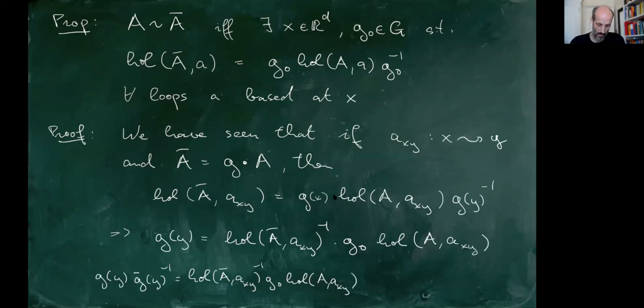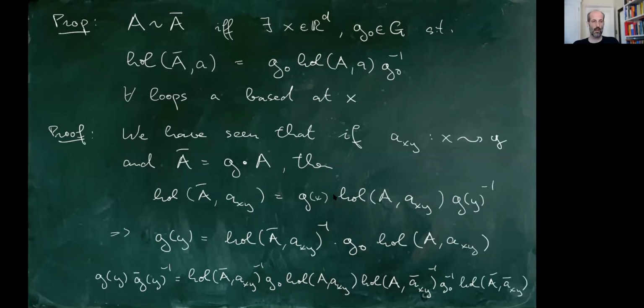But then what do I get? So then I have the G bar inverse. So G bar inverse, well, it's sort of the same thing, but I just swap the order of the factors around. So now I have a holonomy of A along A bar xy inverse. Then I have a G naught inverse. And then I have the holonomy of A bar along A bar xy.